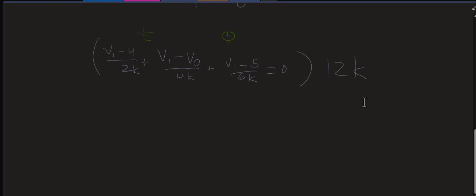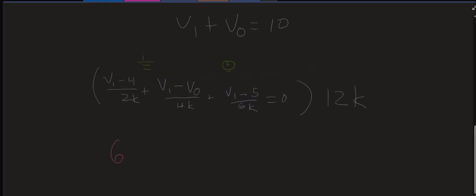When I multiply through by 12k, I get 6V1 minus 24 plus 3V1 minus 3V out plus 2V1 minus 10 equals 0.